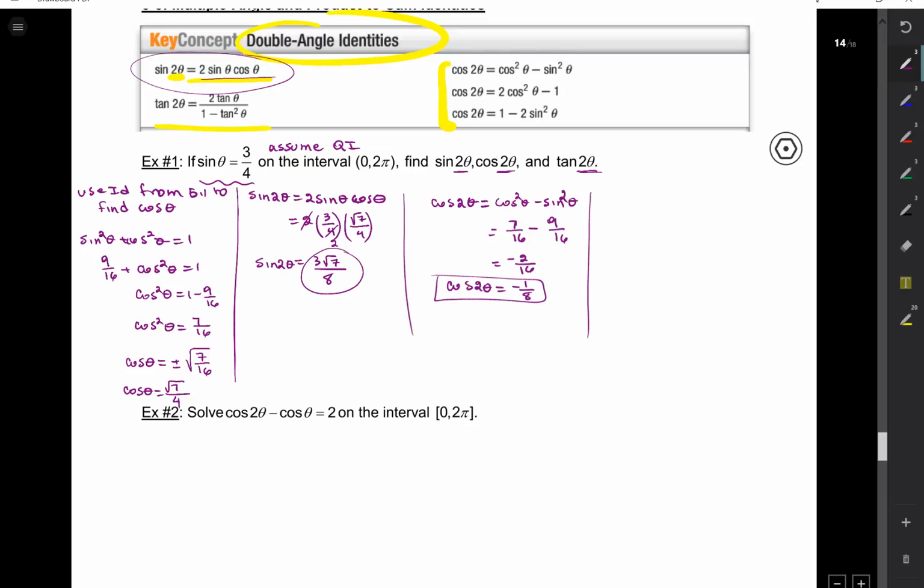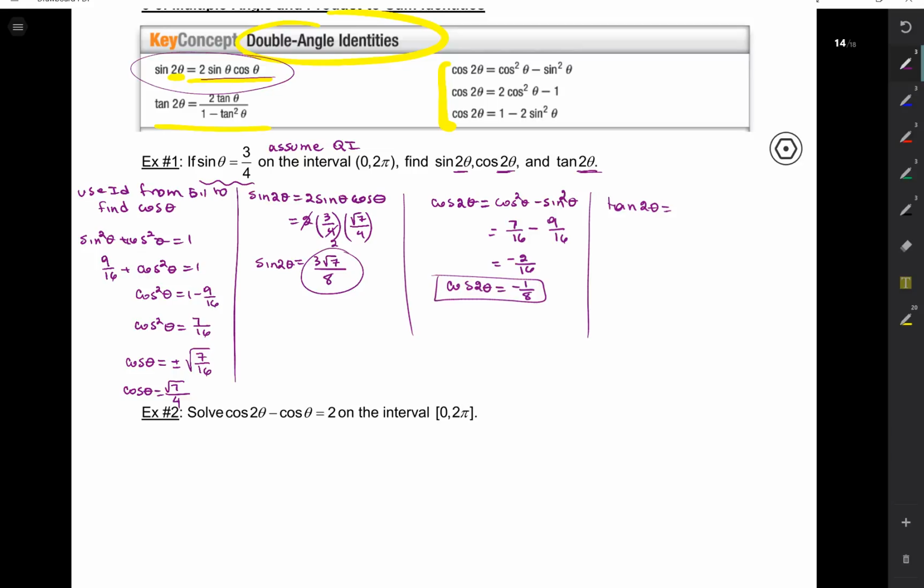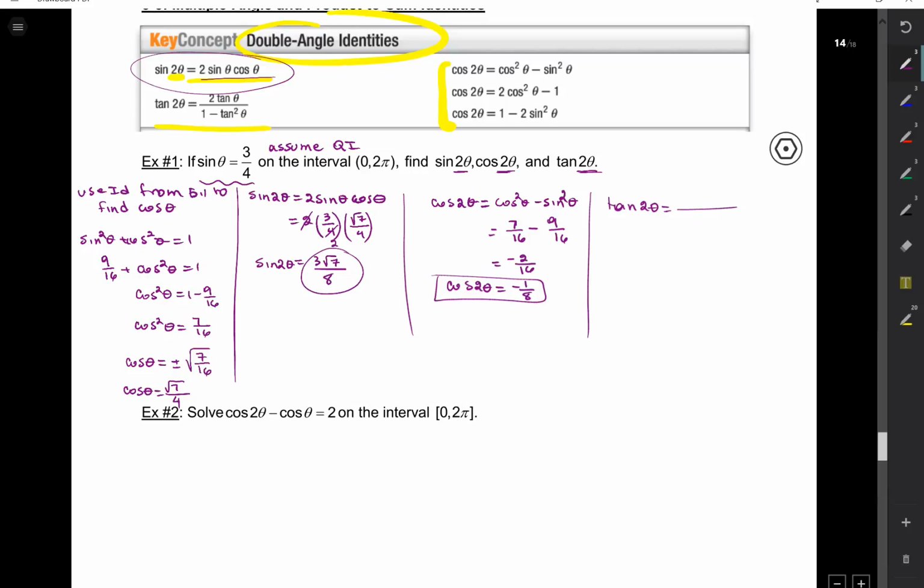Now, tangent of 2 theta. You see that identity over there, 2 tangent theta over 1 minus tangent squared. You're more than free to use that. However, the fact that tangent is sine over cosine also applies. You just have to be careful that if you want tangent of 2 theta, you use the corresponding sine and cosine: sine of 2 theta over cosine of 2 theta.